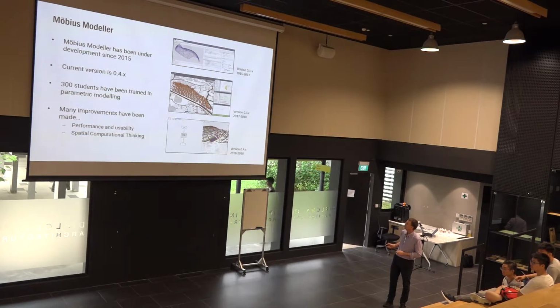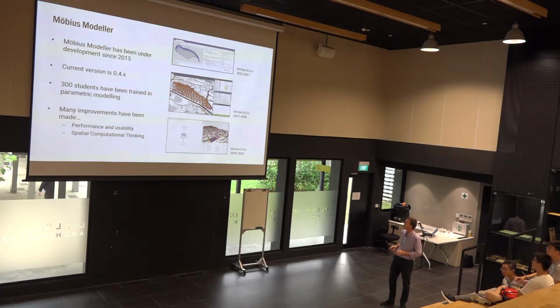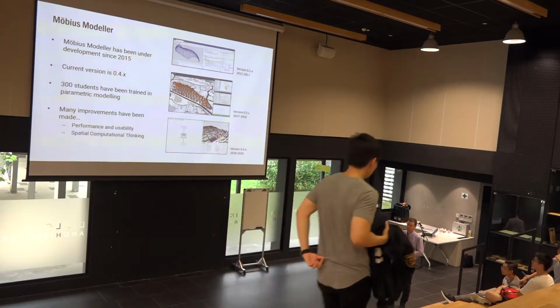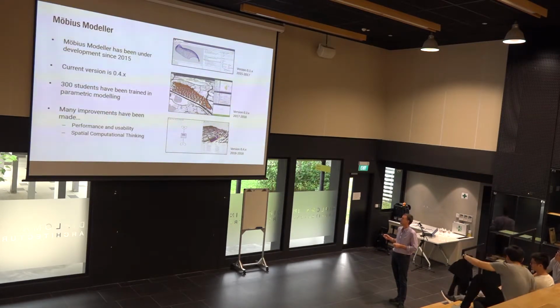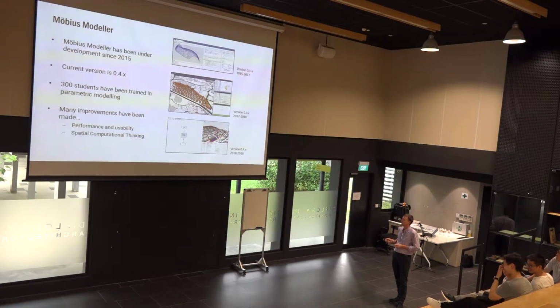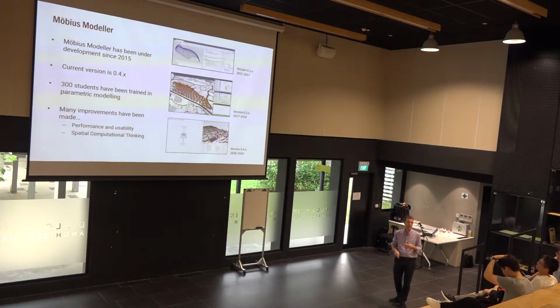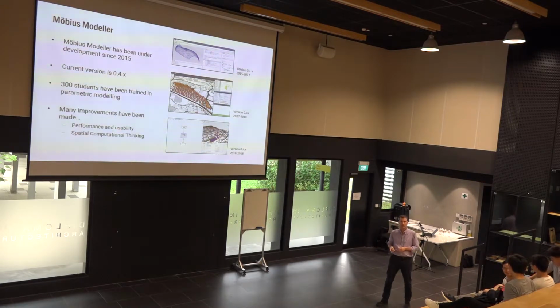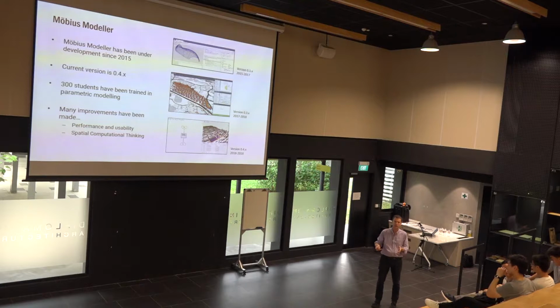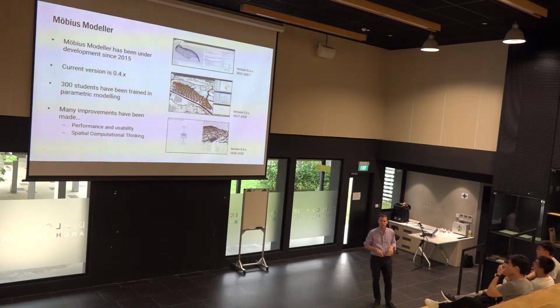All right, so Mobius has been developed for a little while now, since about 2015. The first version came out in 2015, and as we've been testing it with different people and teaching with it, we keep trying to improve it. Mainly the improvements we have made are the reverse of what usually happens.